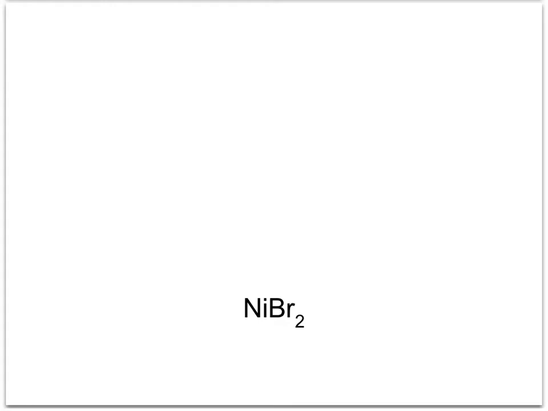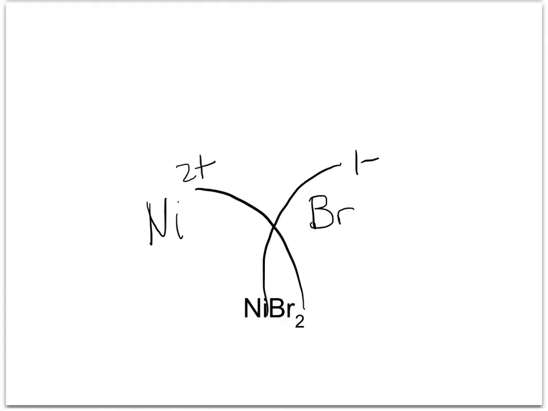Okay, here's one for you to try out. It's a compound containing nickel and bromine. Go ahead and pause the video, see if you guys can unzip this and determine what the name of this compound should be. Alright, looking at this, you notice the metallic cation is nickel, the anion is bromine, this understood 1 goes there, the 2 comes up here.